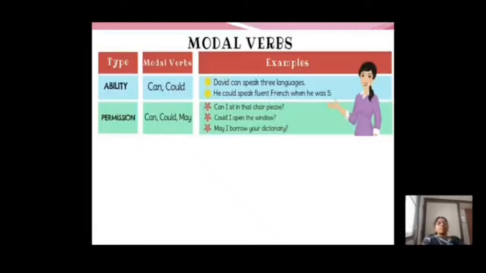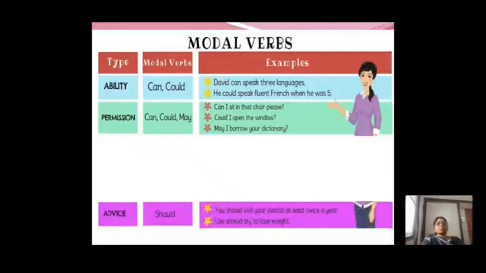Example, can I sit in that chair, please? Could I open the window? May I borrow your dictionary? May I come in, ma'am? So all these you are asking daily in your class. So you can identify it is a permission question or an ability. Most of the permissions will be questions.